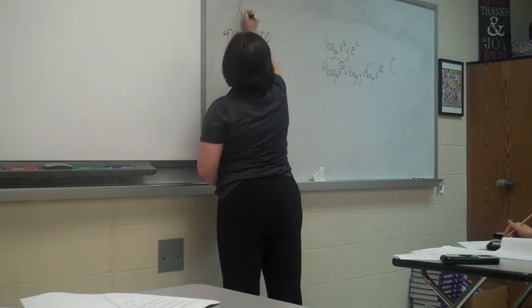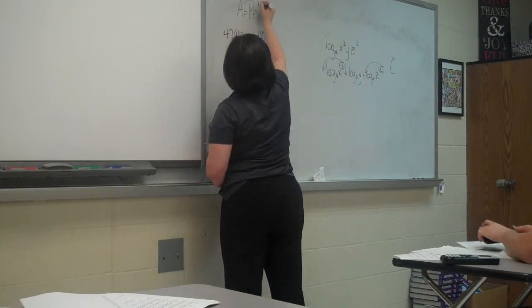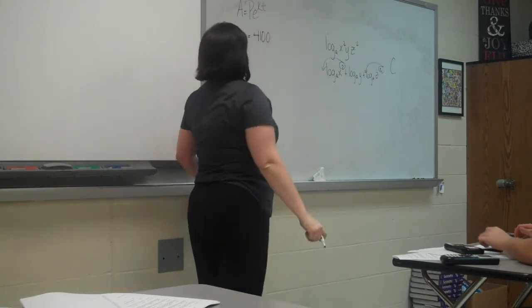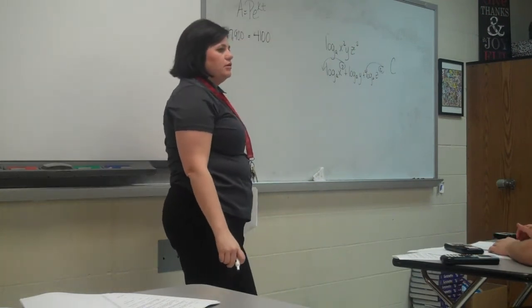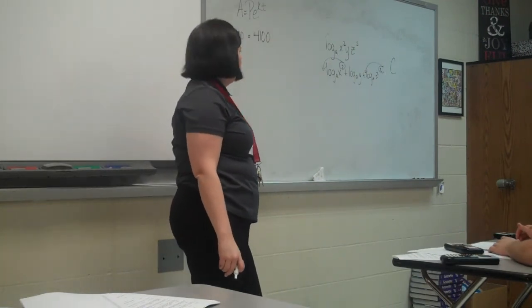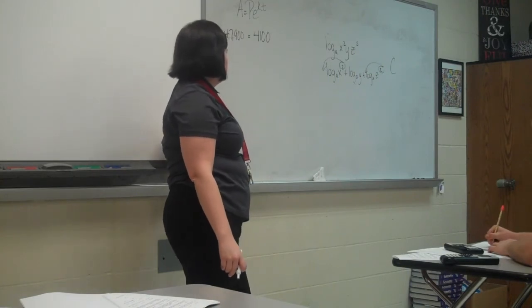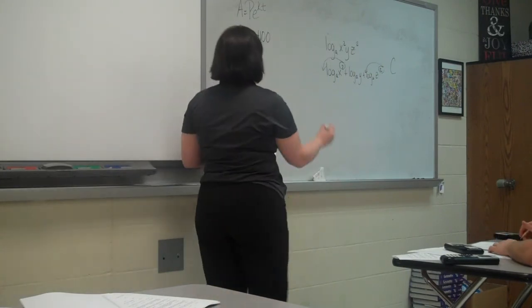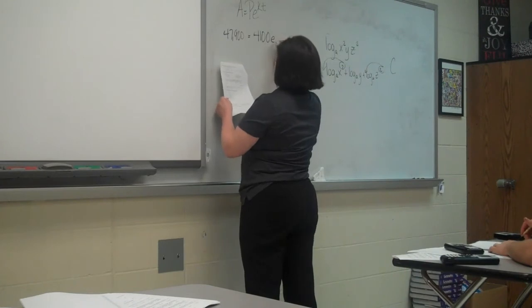I'm going to be using this formula because it's going to be continuous interest. So it's Pe^(kt), and I'm looking for the t. How long will it take at an interest rate of 6%?